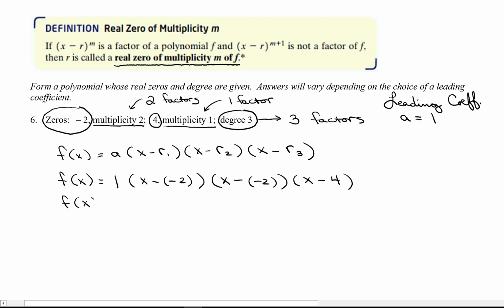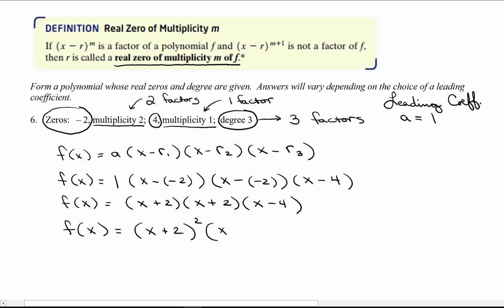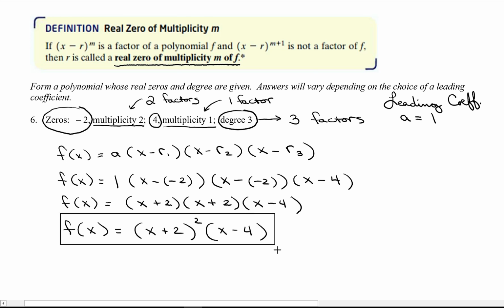Notice I put 2 of the same factor because it said multiplicity 2. Let's simplify it to say x plus 2 instead. To simplify even further, I can write f of x is equal to the quantity x plus 2 squared times the quantity x minus 4. This would be the simplest way to write it. So these are not too bad, right? They're kind of fun.